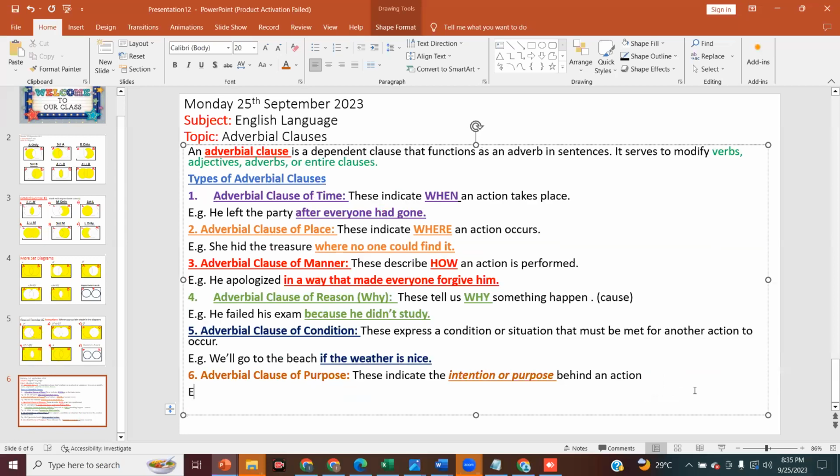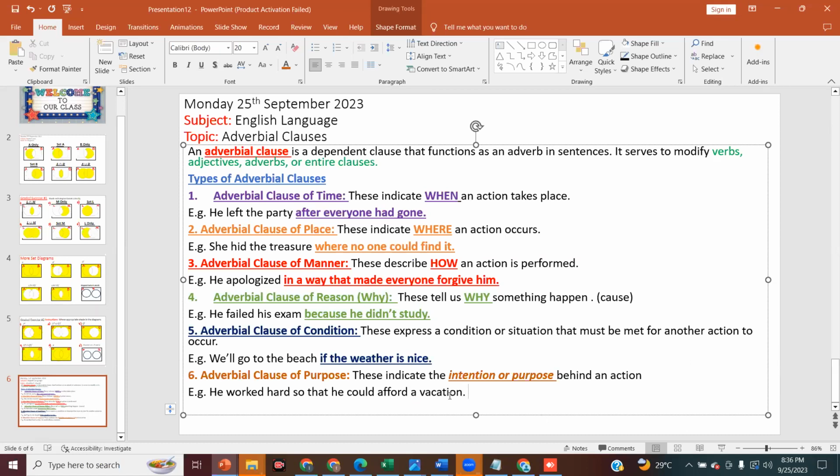So for example, he worked hard so that he could afford a vacation.